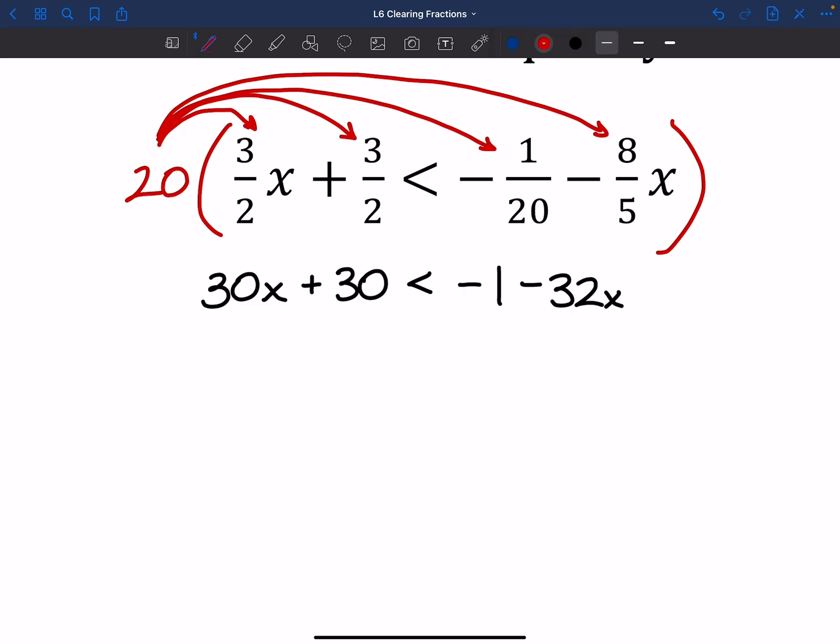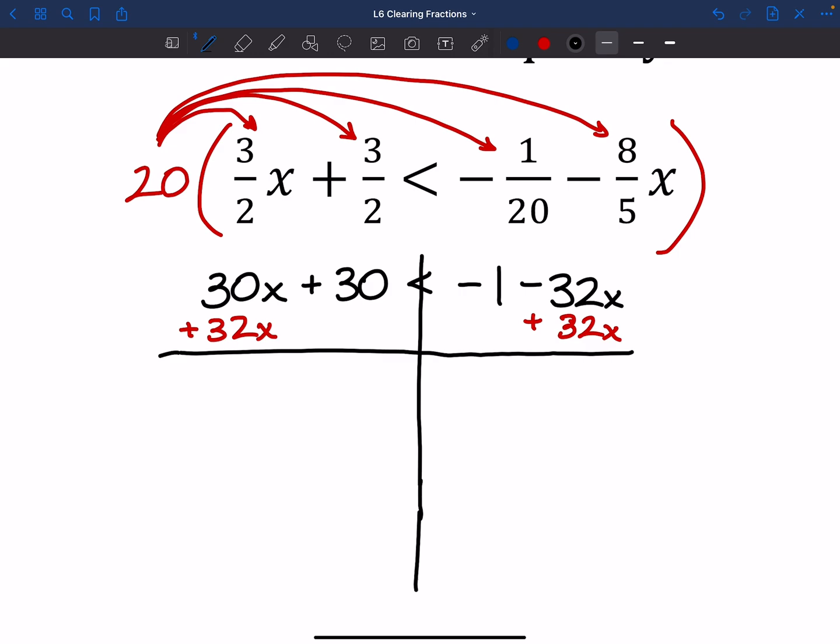From here on out, what we're going to do is move things around to get our x's all by themselves. So what I'm going to do here is, first off, fix that line. I'm going to add 32x to move that over to the left. So over here we'll get 62x plus 30 is less than -1.